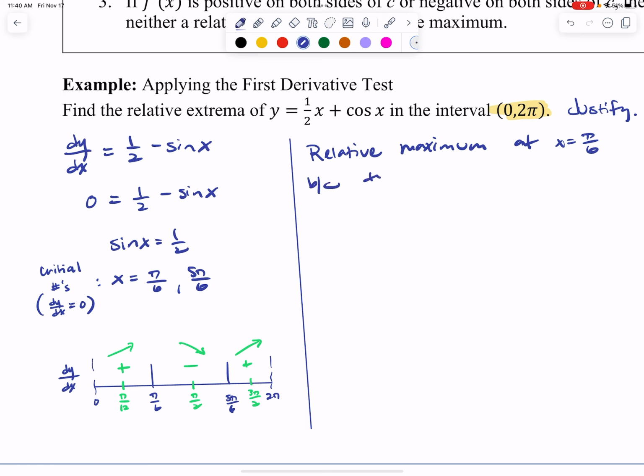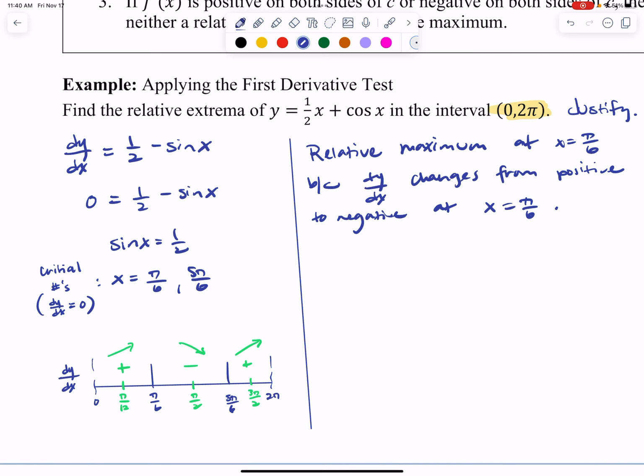because dy over dx changes, you want to be really specific, from positive to negative at x equals pi over 6.